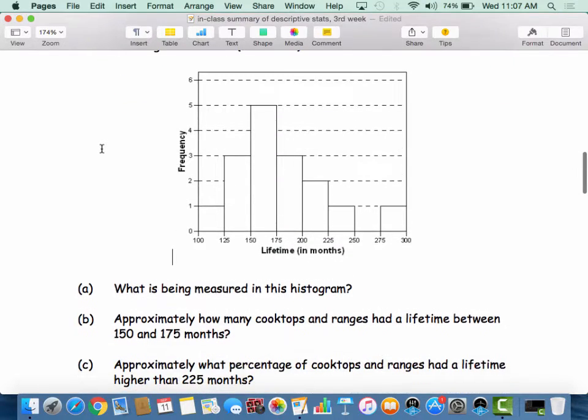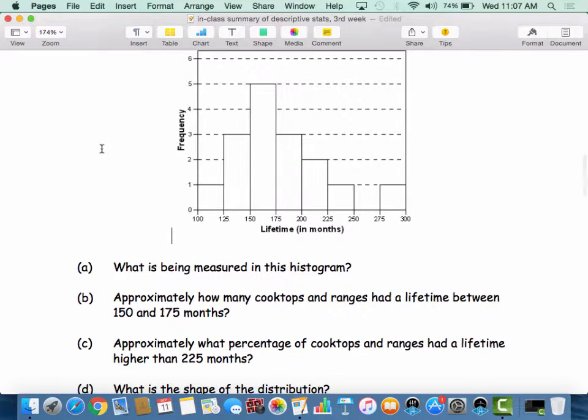And these are just all the different types of questions that we could see on the unit test about a histogram. Part B, approximately how many cooktops and ranges had a lifetime between 150 and 175 months? Read it. Okay. You should see that is 5.